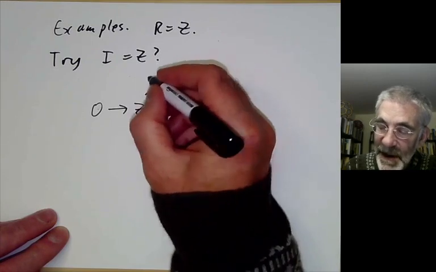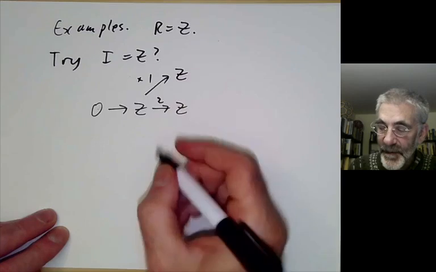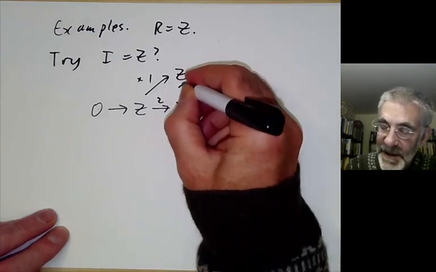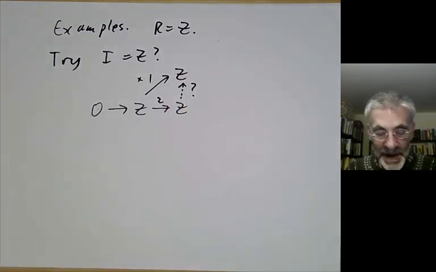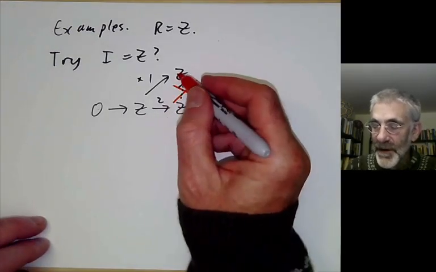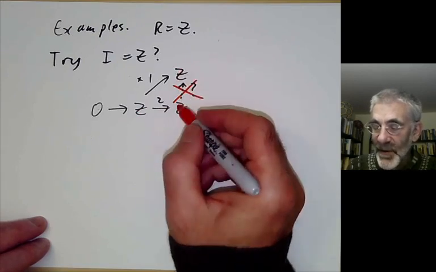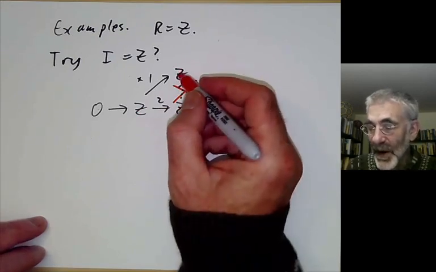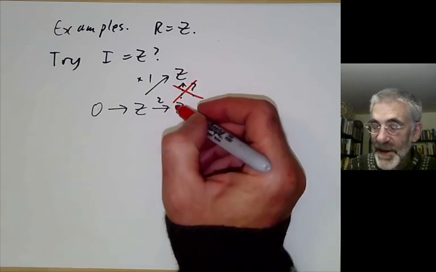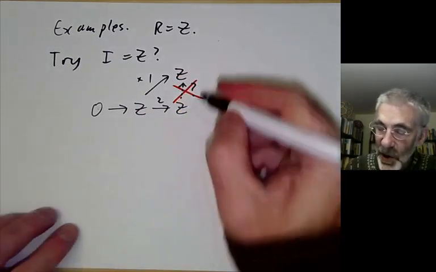And now suppose we take the identity map from Z to Z. And we ask, can this be extended to a map from Z to Z? And the answer is obviously not, because we would have to take the image of 1 here, which is just 1, and it would have to be twice something in order for us to extend this map here. So Z is not injective.